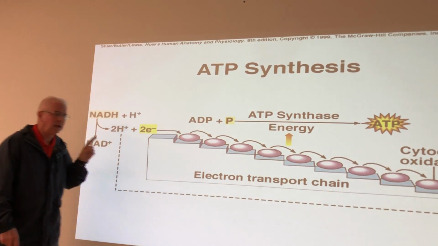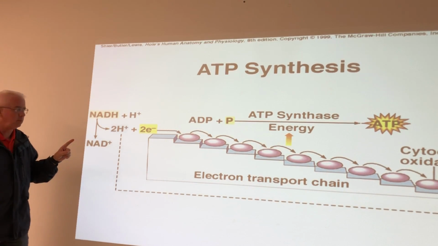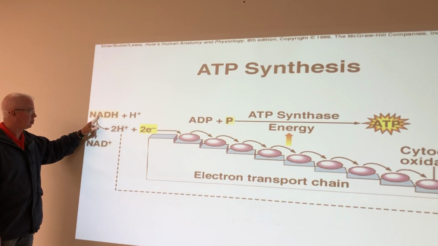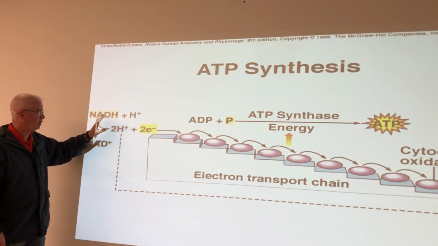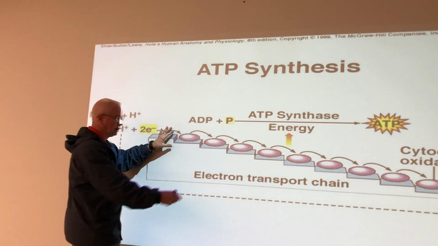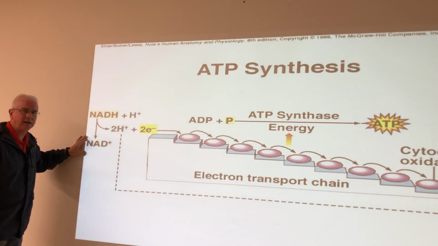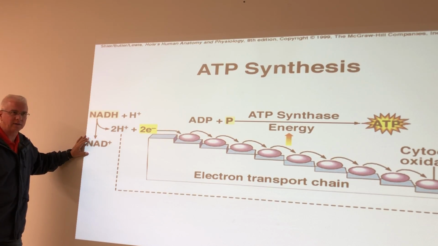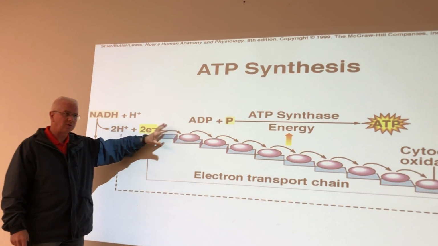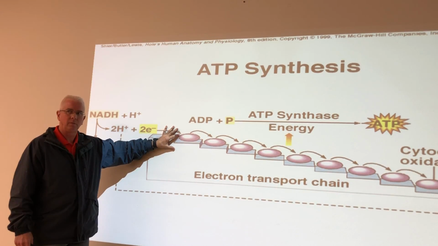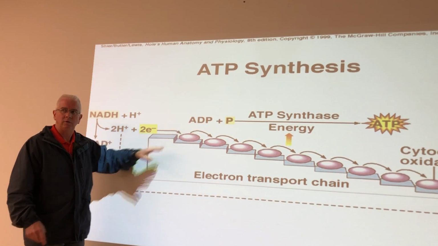So in the electron transport chain, I have the electrons from NADH plus H being transferred or transported to some other molecule. At that point, NAD becomes oxidized, and the first molecule here then becomes reduced.